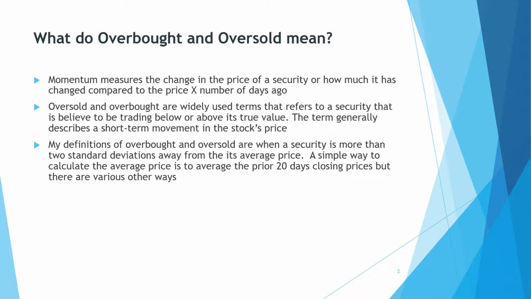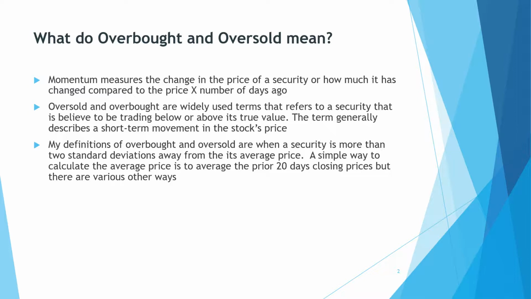Now, for this presentation, I'm just going to keep this real simple and show you some simple examples. So my definition of overbought and oversold is when a security is more than 2 standard deviations away from its average price.